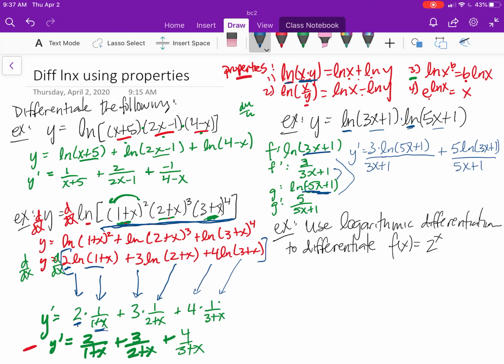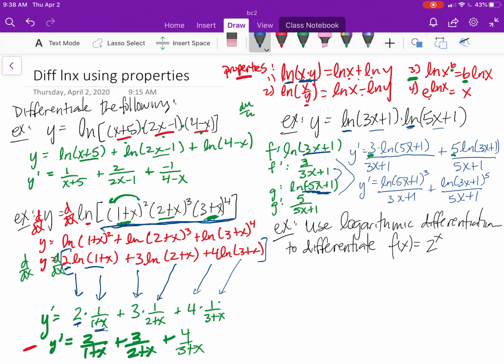Now, can we clean this up at all? Not really. I don't know if this looks any better, but we can use property 3, where the number out front, we could go backwards, like we could bring the number back up to the exponent, but I don't know that that necessarily looks any better. ln(5x plus 1) to the third power over 3x plus 1 plus ln(3x plus 1) to the fifth power over 5x plus 1.